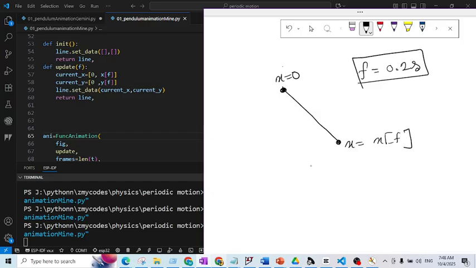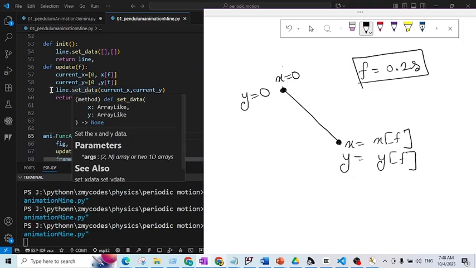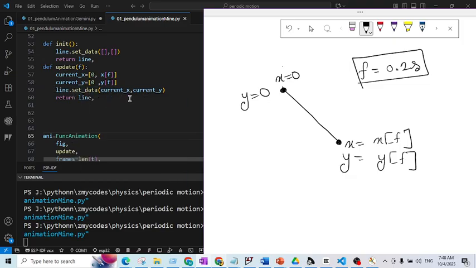At 0.2 second, I want to update the line. And the origin's y is 0 and the other point's y is f. So that's why I have set the line with line.set_data, and then I have returned line.